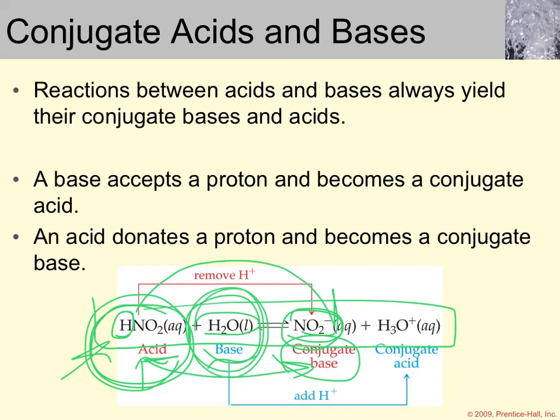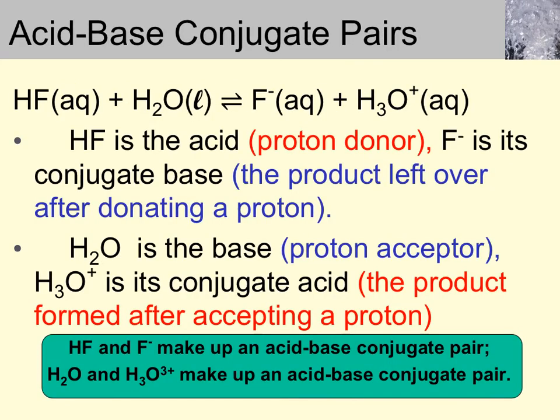In other words, it is accepting a proton. The product that's formed when that happens is the hydronium ion. So here's your other conjugate acid-base pair. And here's basically what I just talked through on the last slide, but in case you prefer to have it in the written word instead of my verbiage.